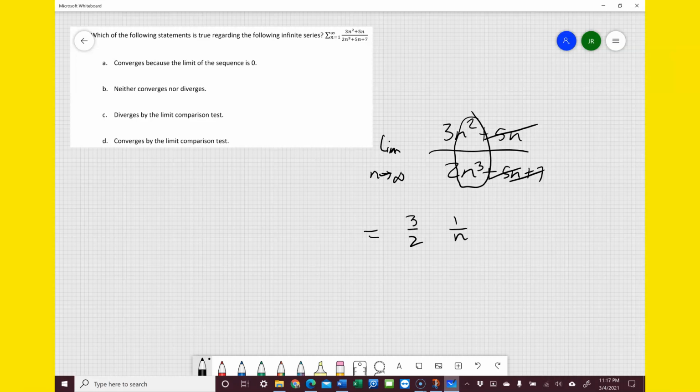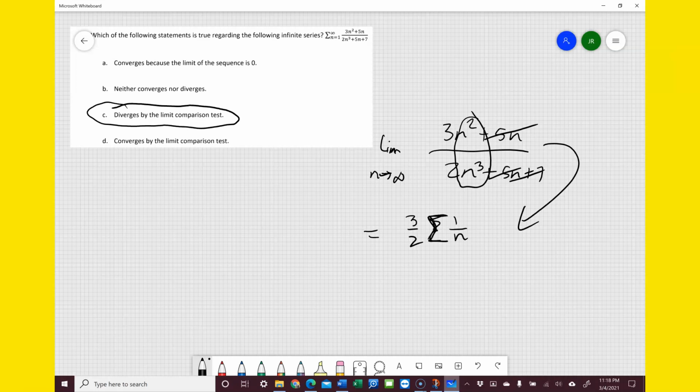What does 1 over n do as n goes to infinity? The series 1 over n, the harmonic series, diverges. So if we compare this to the harmonic series, it's going to behave like that. So it's also going to diverge, and we would say that it diverges because of the limit comparison test.